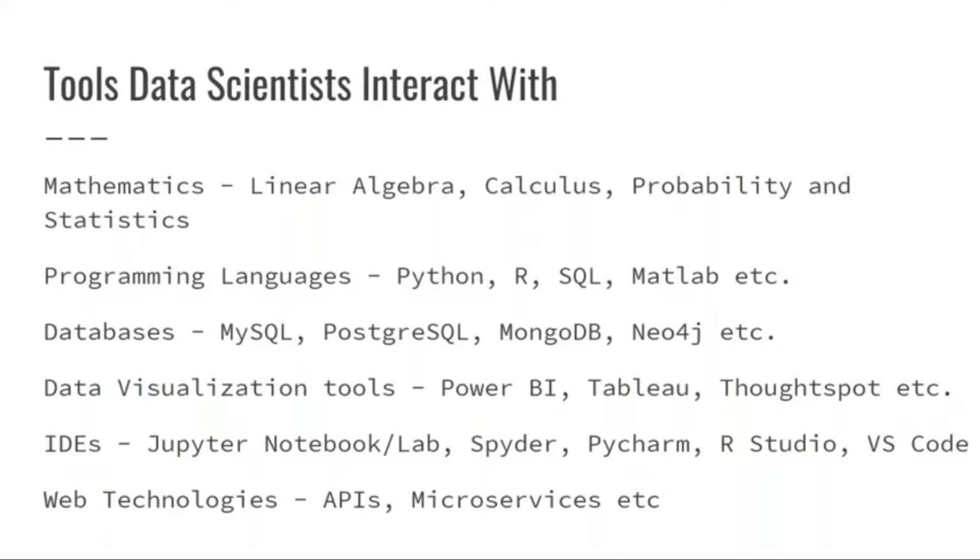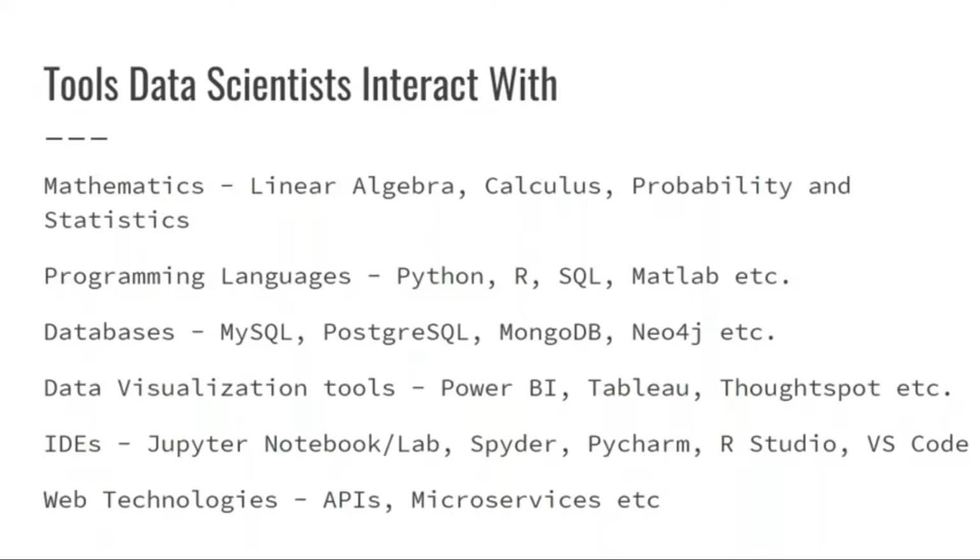R has fantastic packages for visualization. Python also has a good ecosystem of visualization packages. So I think data scientists would use those rather than these. But again, these are something that you can also work on, right? If it's something that makes your work easier and quicker, and you have licenses in your company, then why not?